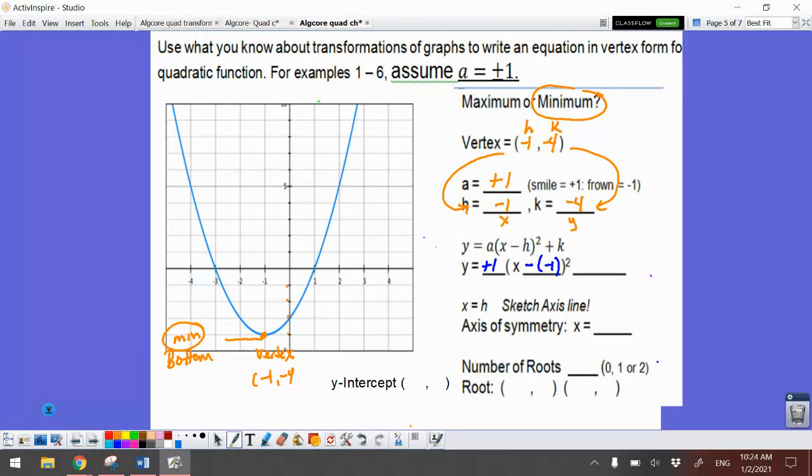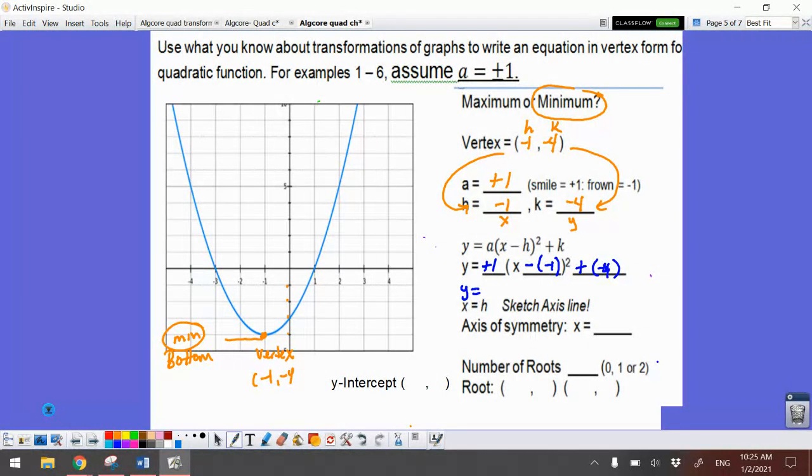That's important because we're going to rewrite this into a little bit better form to make it a little easier. And then I have plus whatever my k is. So my k is negative 4. Well, how do I write this better?